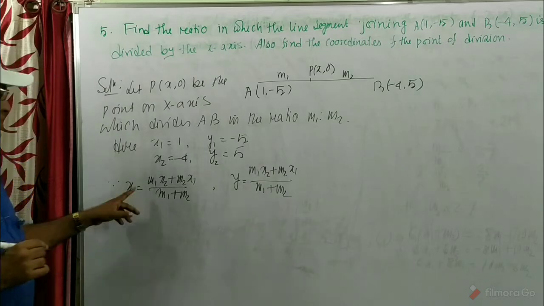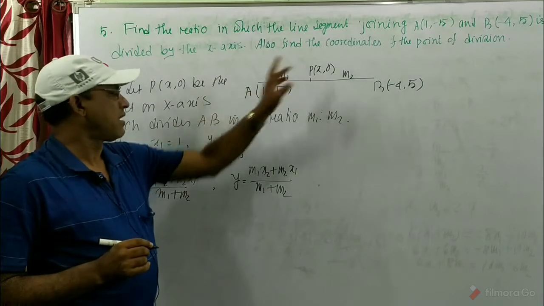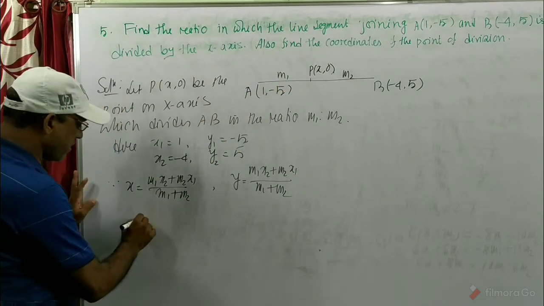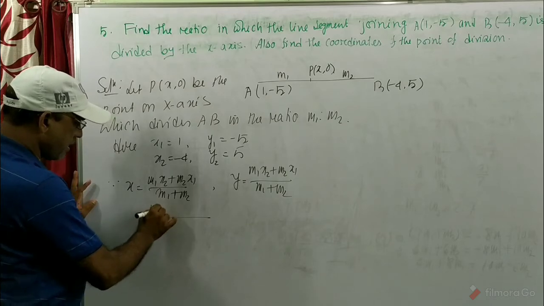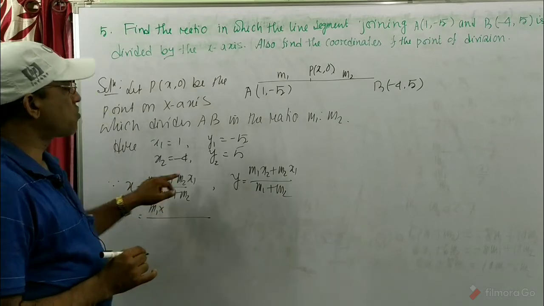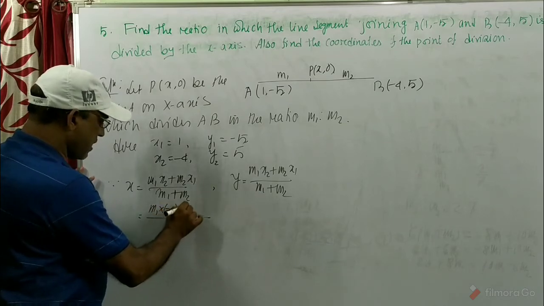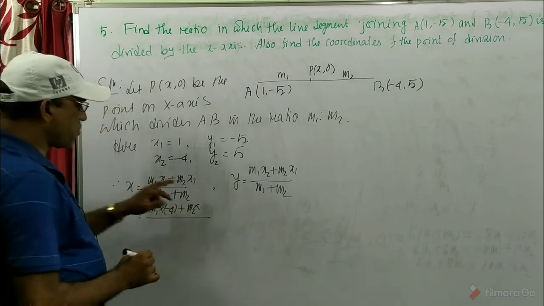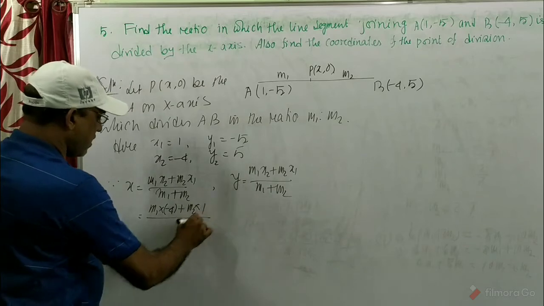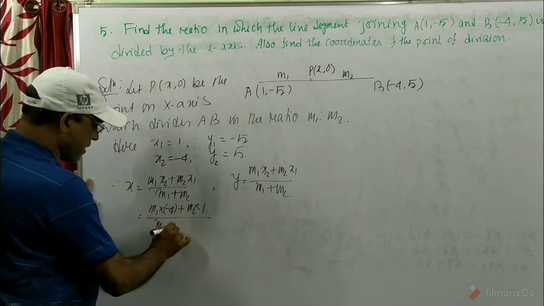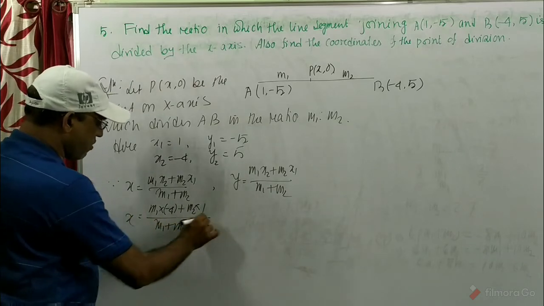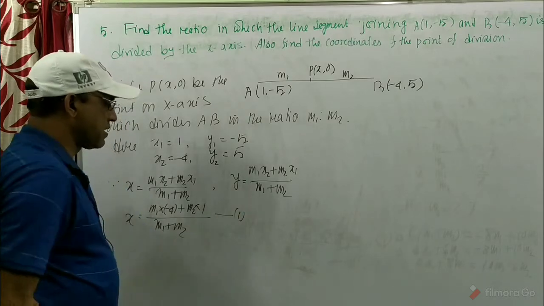Now putting the values, m1 remains the same, x2 is minus 4, plus m2 into x1 which is 1, by m1 plus m2. This is the value of x. This is number 1 I consider.